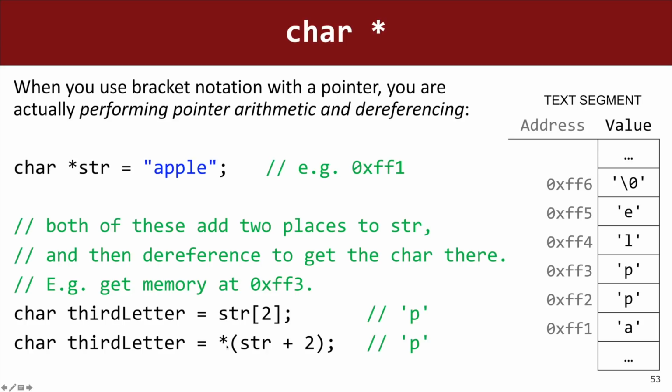Well, this is the equivalent of saying I want to go 2 places forward from str, and then I want to dereference it. And so in this case, going 2 places forward from str is 1, 2 to 0xff3, and then I dereference to get the p character and save that into third letter. So bracket notation is just advancing the pointer and then dereferencing.